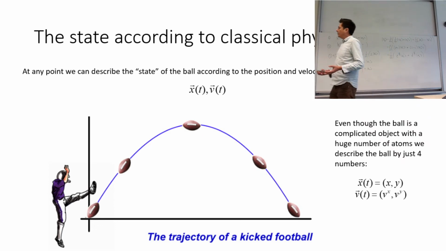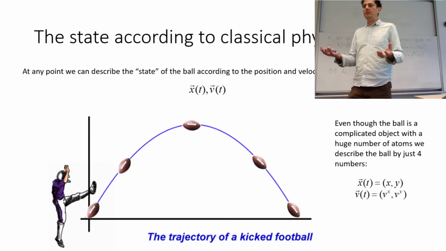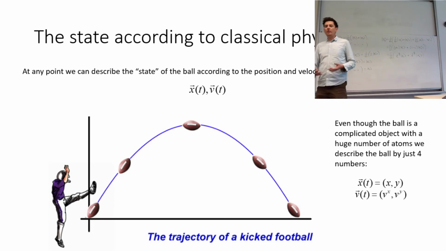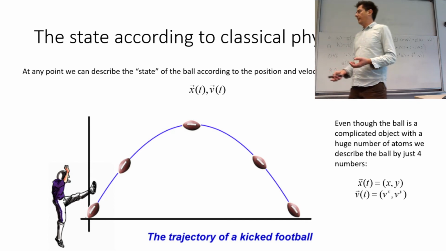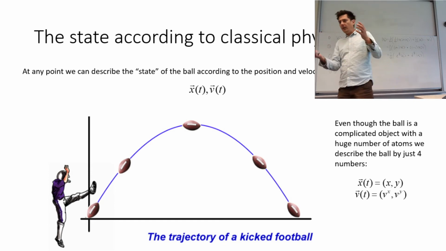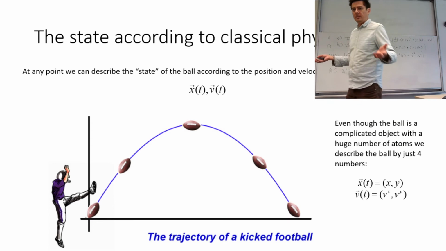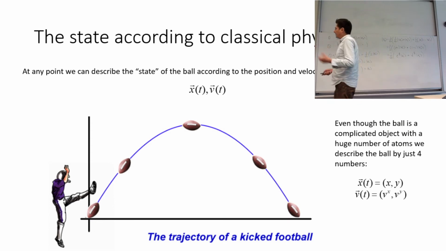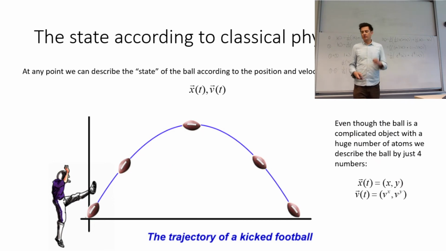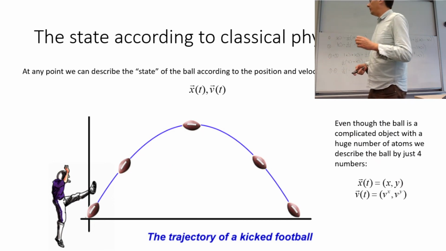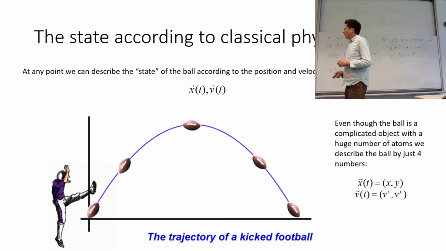But the first guy that had to think about this had to think of what are the important things to take into account here. So you want to figure out how this ball is going to evolve in time, but do we need to take into account the shape of the ball, the mass of the ball, what's important, what's not important, does it matter that it's brown, all these things, right? Eventually you work out that the essential variables are just position and velocity, and pretty much everything else you don't have to really worry about.